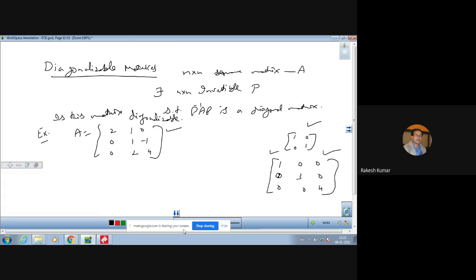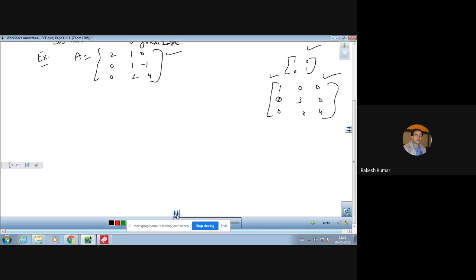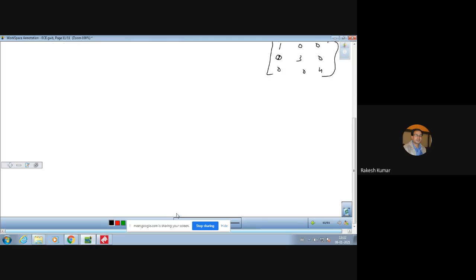Before this, let us discuss a matrix which is diagonalizable, and probably this one is not diagonalizable. So let us start with another example of a matrix which is diagonalizable. First we will do this example, then we will do that one.